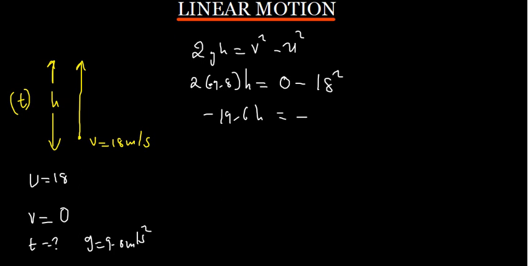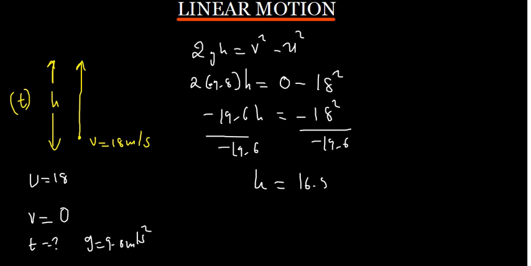That is going to be negative 18 squared. Divide both sides by negative 19.6. So you notice that the negatives are going to cancel. So that will just be 18 squared divided by 19.6. This is going to give you 16.53 meters. That is how far you go. Let me just write this height down.